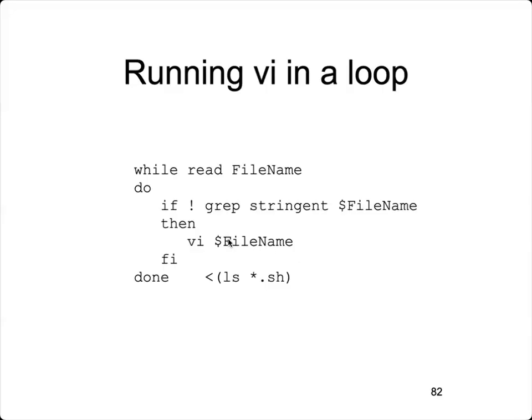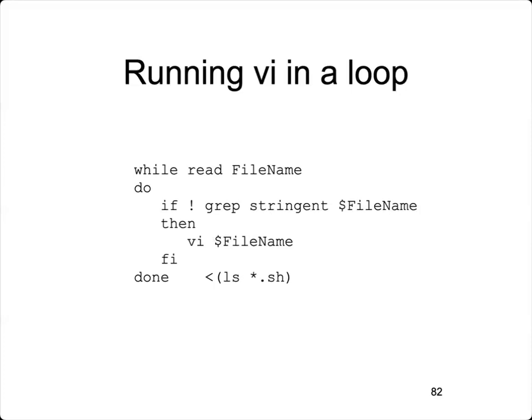Well, if you do this, it's going to break. And the reason is the ls is pumping standard in into here. It'll read the first file name. When vi starts, it will read standard in and suck it all in, and your file will be filled with garbage.